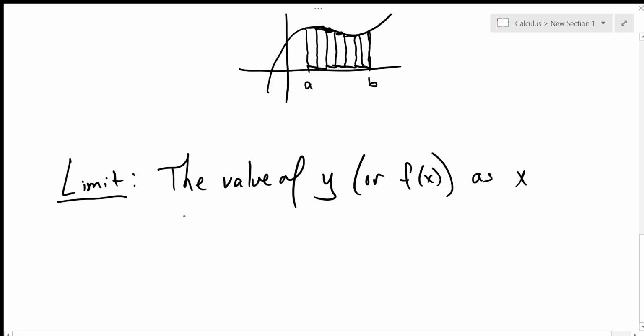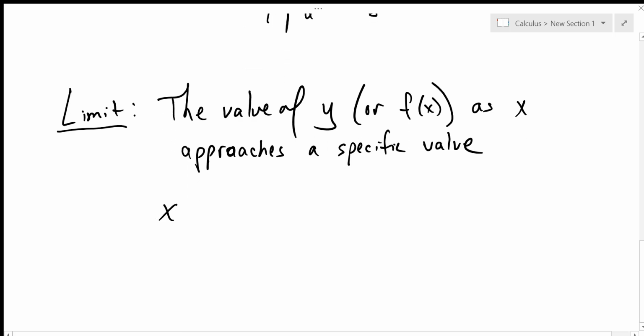As x approaches a specific value. In other words, as x approaches 0, what happens to the function value? What does the function value approach?